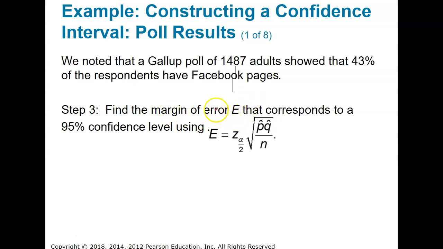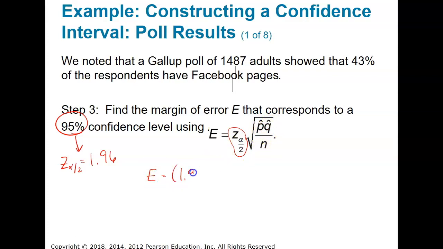Okay, next we want to find our margin of error. In this case, we're doing a 95% confidence level. So you either have to go through and find that critical value, or you need to remember that the z that goes with 95% is 1.96. Okay, so that's what's going to go here in this formula, and then we're going to plug everything else in there.